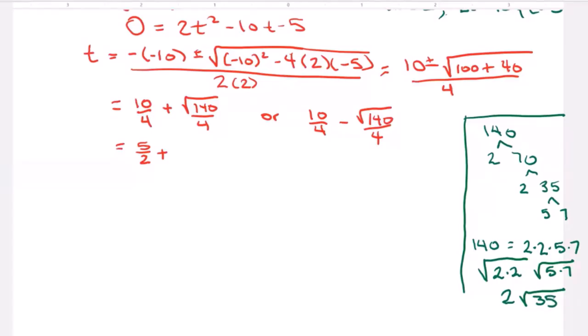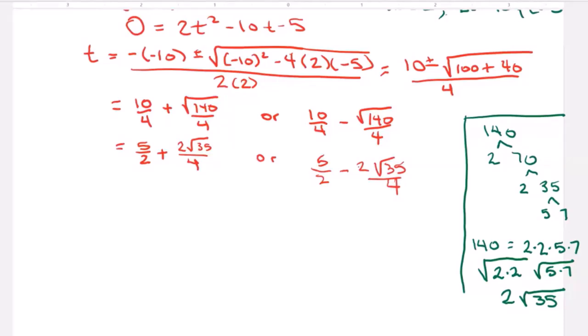So I can write it in here as 2 times the square root of 35 over 4. And same here, 5/2 minus 2 times the square root of 35 over 4.